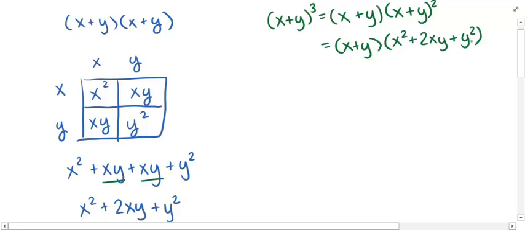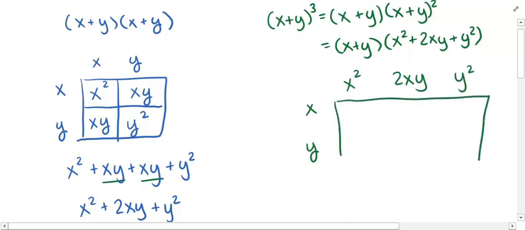Again, I'm going to do this box method on it. I'm going to take the first factor that I'm multiplying and make a column out of it. So this is going to be x plus y, and then take the other factor and go across the top, x squared plus 2xy plus y squared. Again, everything is positive, which is great. So I'm going to make a box here.